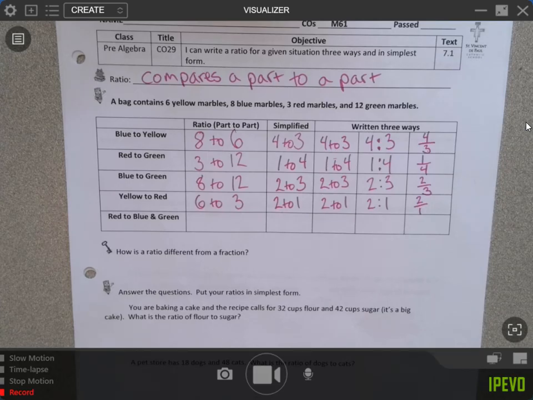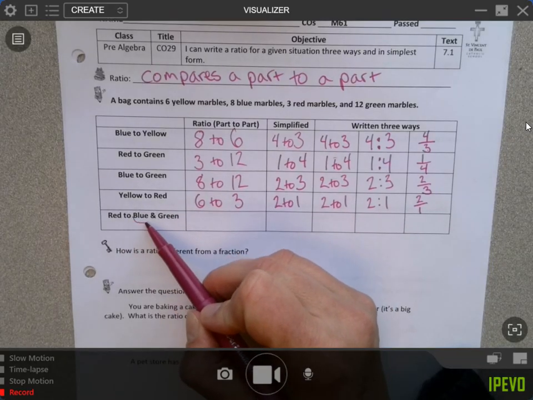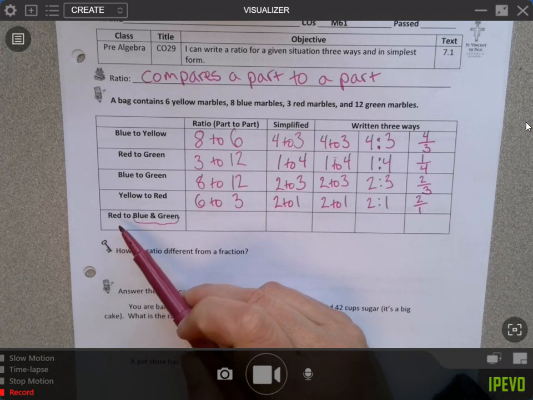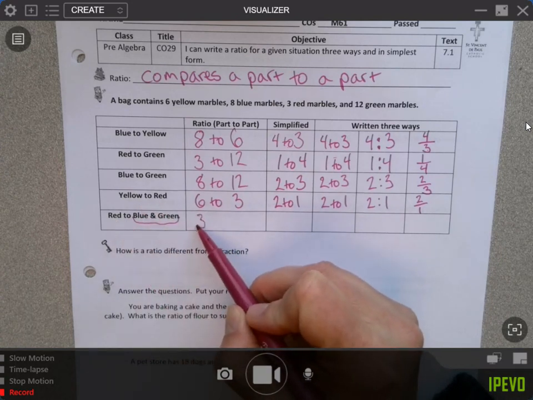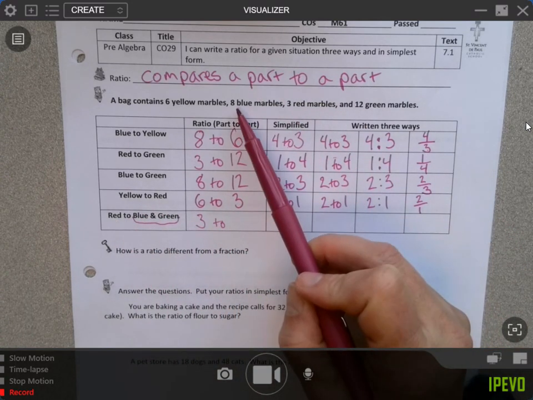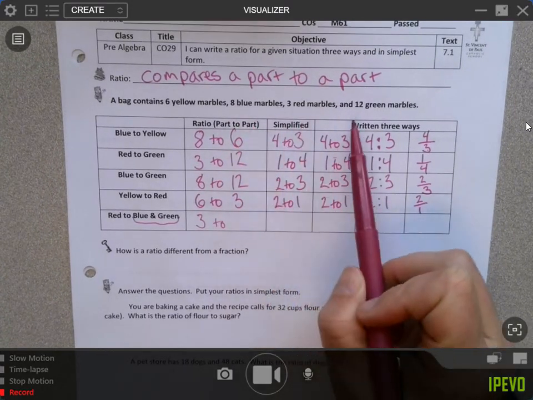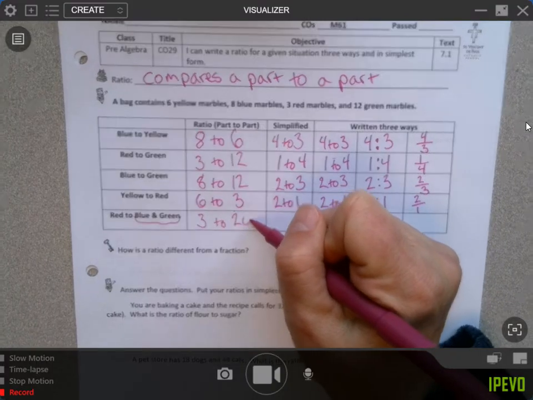Our next one says red to blue and green. What do you think that ratio is going to look like? Christina? Yeah, we have to add that blue and green together. So we're going to look at red as our first number, so 3. And then 8 blue plus 12 green, 8 plus 12 is 20.